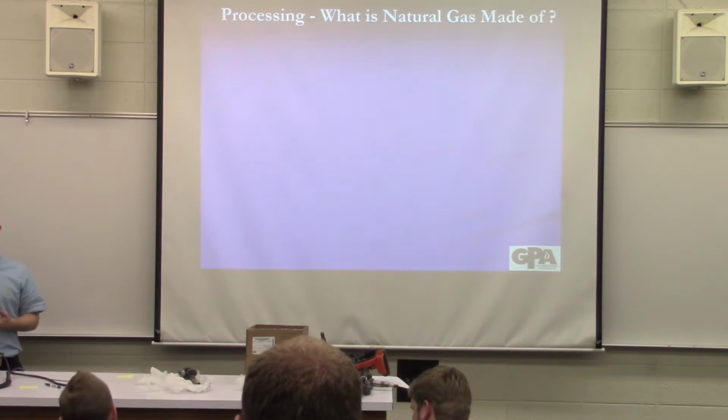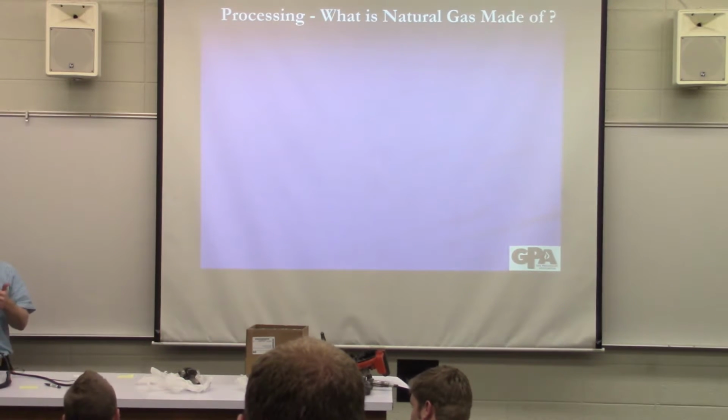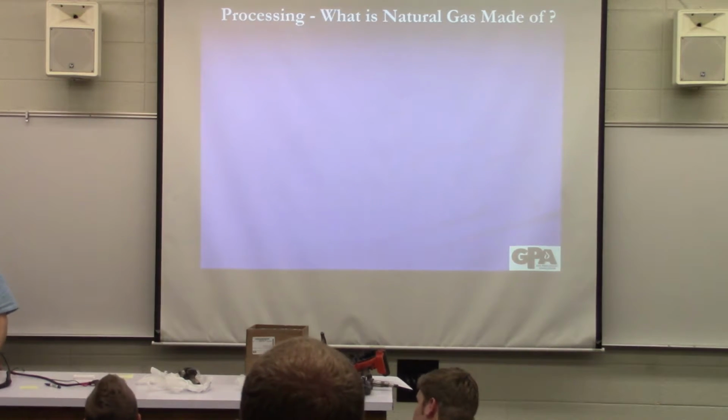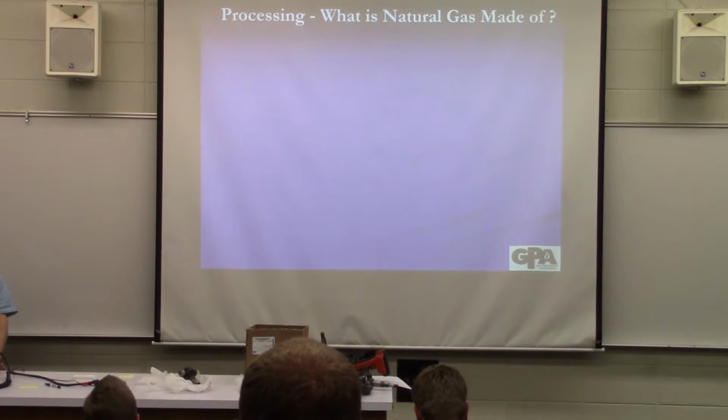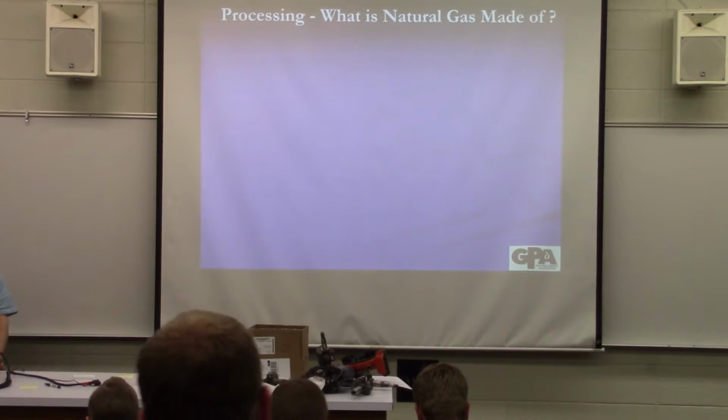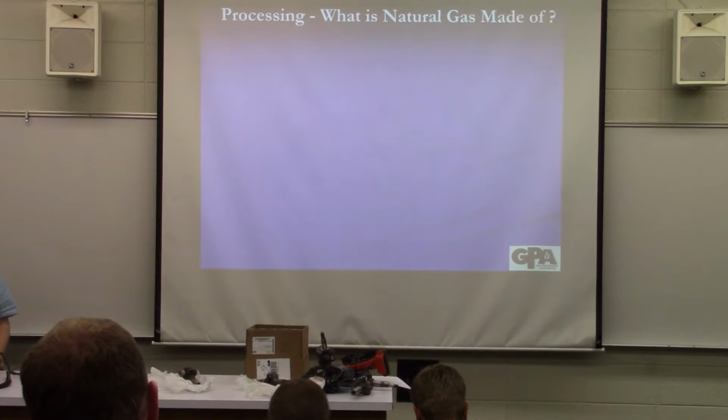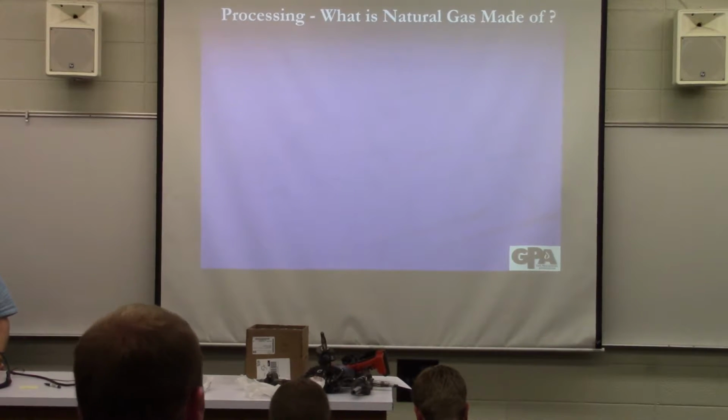So methane is the primary component of natural gas, and then, like I said, you have ethane, propane, butane, pentanes, all the way down to C10, C11, and then what else? What else is in there? Carbon dioxide, right? And how much carbon dioxide do you think might be in the gas?